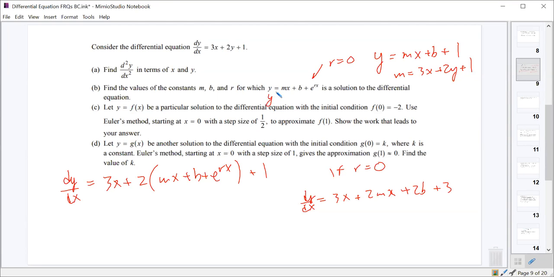I'd say my derivative here, which we know, is m plus r e to the rx. And so if r, like we said, was 0, then my derivative is also just equal to m. And so we could then say that 3x plus 2y, no, I already have that, darn. 3x plus 2y plus 1 is still equal to 0.